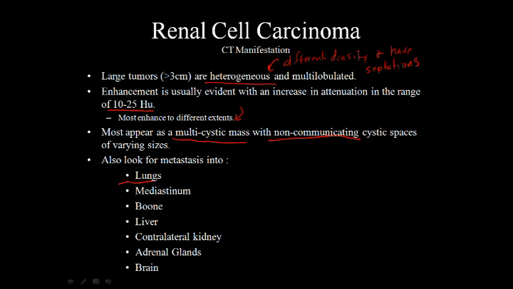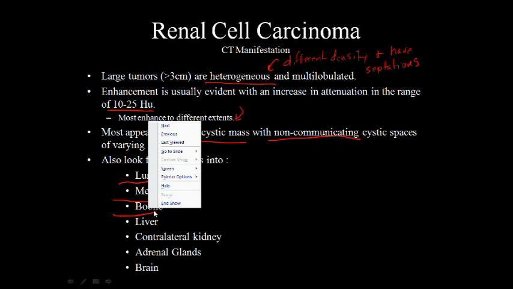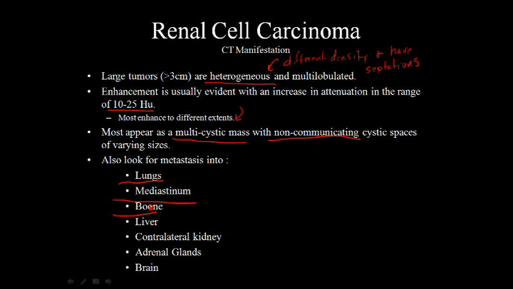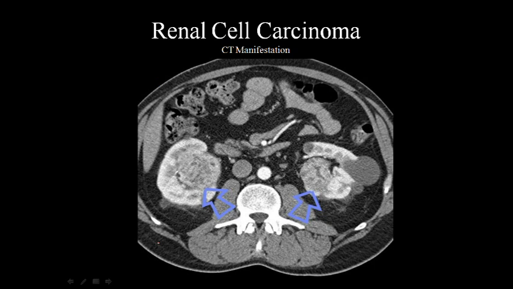Also look for metastasis in lungs, mediastinum, bone, not boon. So this is bone. Liver, contralateral kidney, adrenal glands, and the brain.